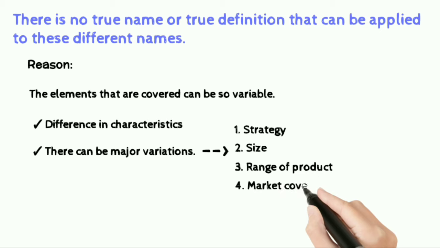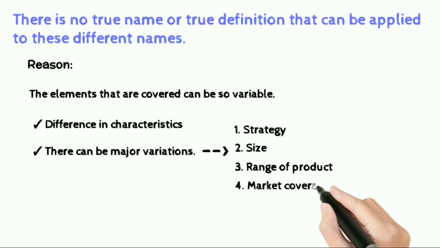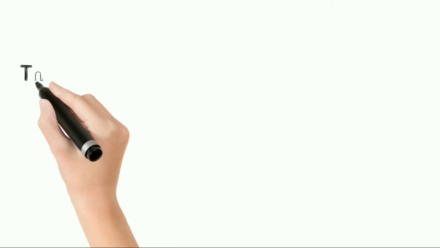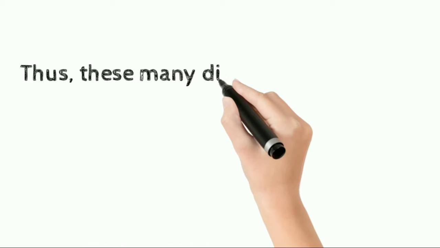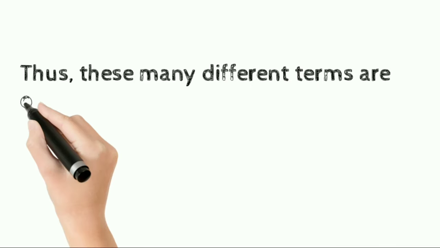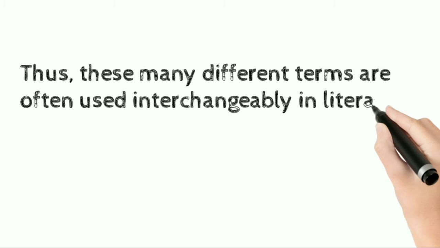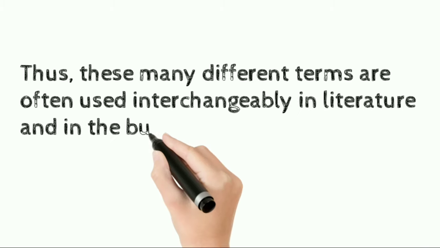May mga malawak ang market, meron din namang hindi. Okay? So, dahil wala tayong true name or true definition na pwedeng i-apply dyan sa mga different names na yan, ang nagiging result is that we are using those words or names interchangeably in literature and in the business world.